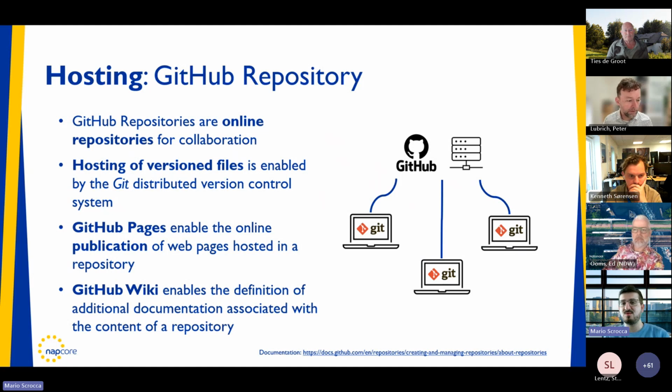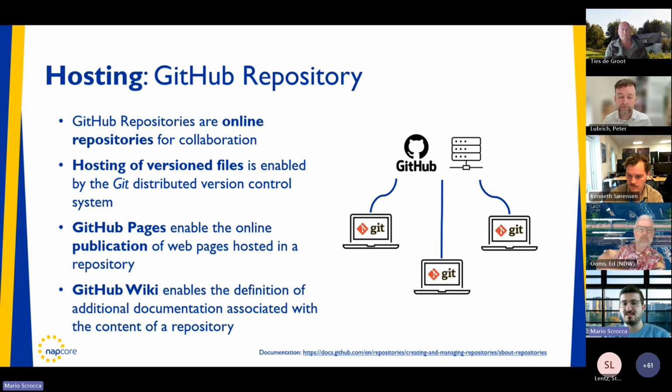It is especially used for software development, but as Peter presented, there are other metadata specifications like DCAT-AP that already leverage this tool for publishing and hosting these specifications. So GitHub allows hosting versioned files, so it's really useful if you would like to go back to previous versions or check the changelog of certain files.